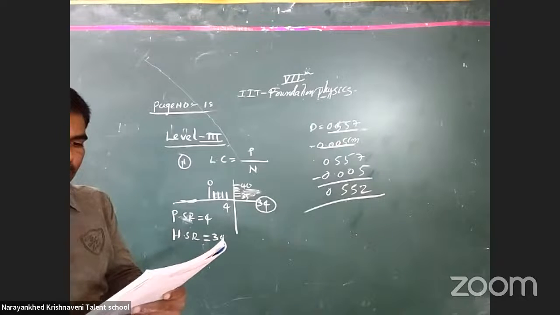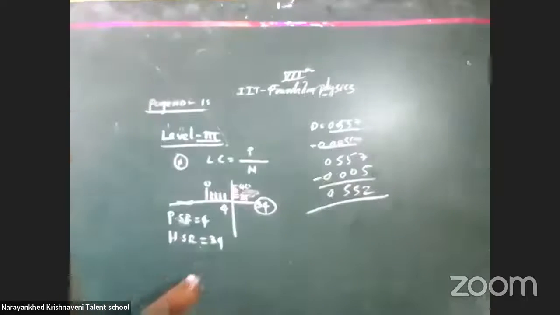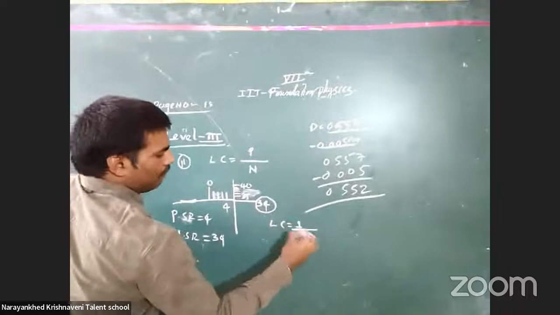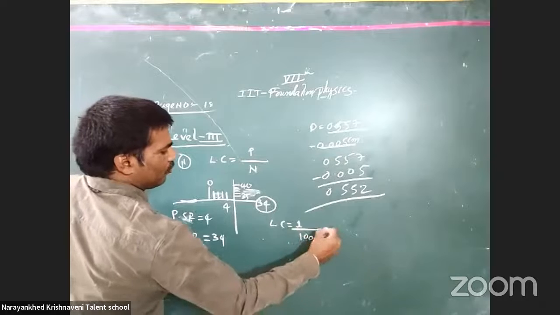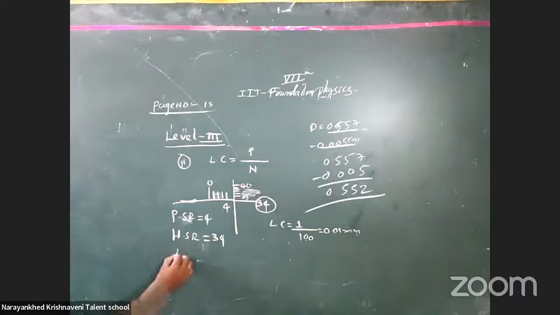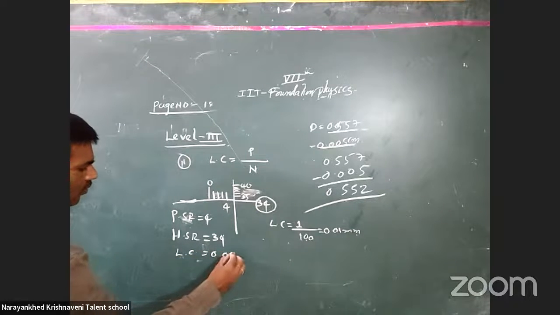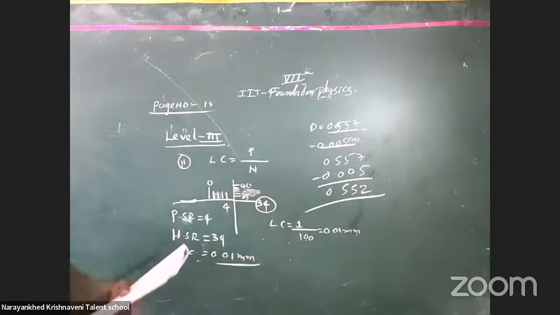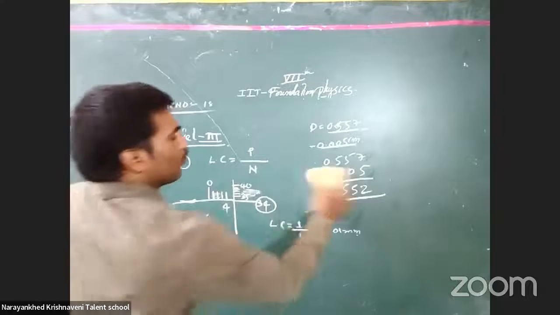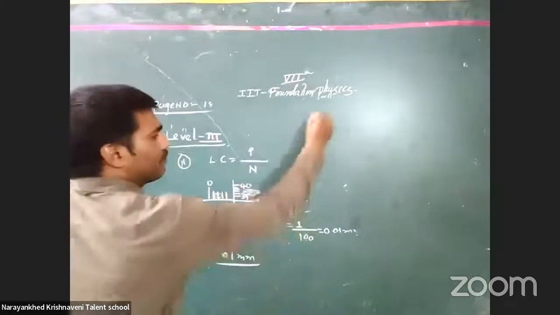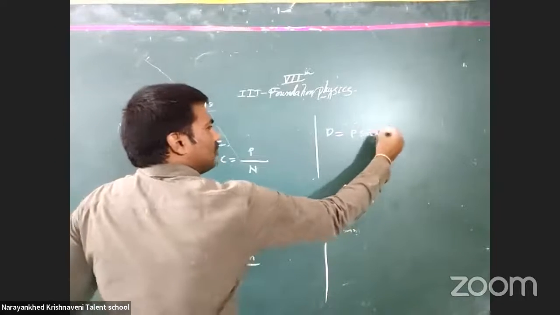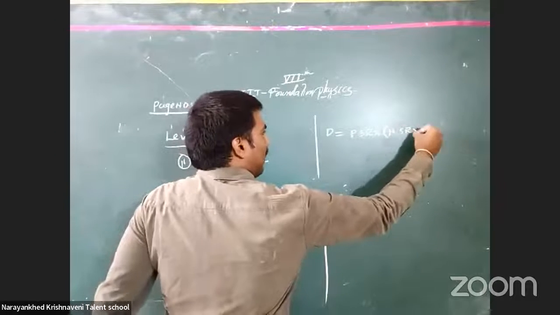Then what is the least count of it? There are 100 divisions. The least count becomes 1 mm by 100, which automatically becomes 0.01 mm. Clear or not, all the students? The least count is 0.01 mm. They have not given any zero errors. Then what is the diameter formula here? The diameter formula is PSR plus HSR into LC.